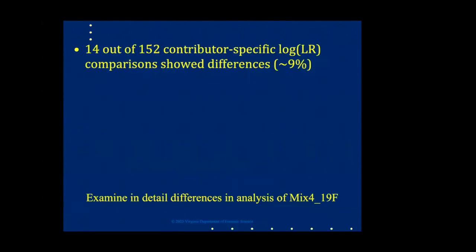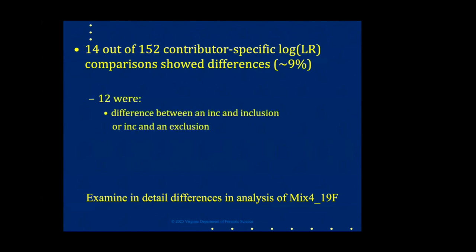So 14 out of 152 contributor-specific log LR comparisons showed differences. That's about 9%. 12 were differences between an inconclusive and an inclusion, or an inconclusive and an exclusion. And 2 were differences between an inclusion and an exclusion.